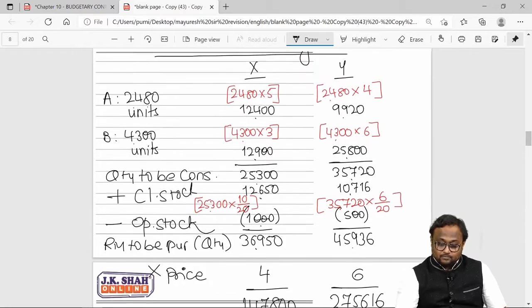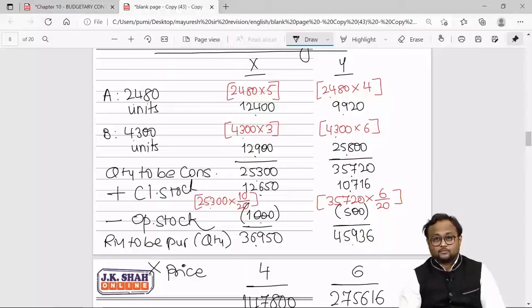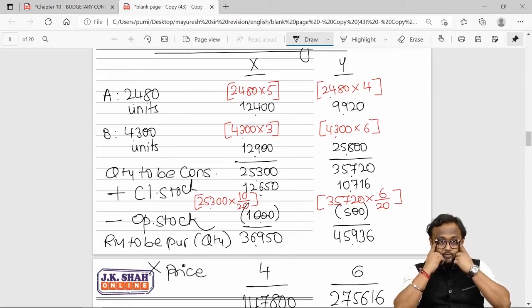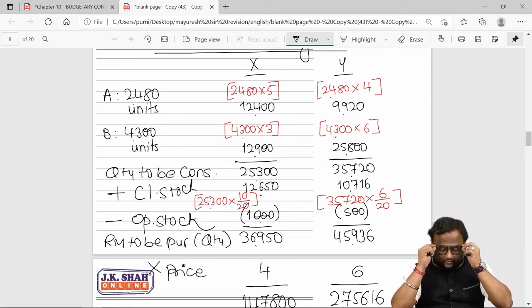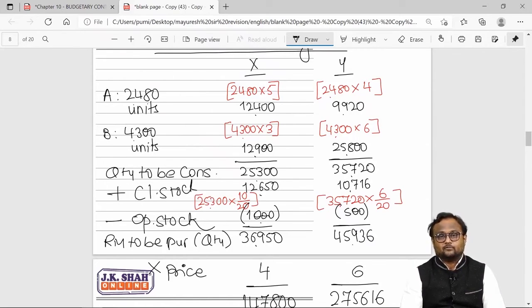Is that part clear? So we first found out quantity sold, then we found out quantity to be produced. On the basis of quantity to be produced, we found out raw material quantity to be consumed, and based on that we calculated purchase.